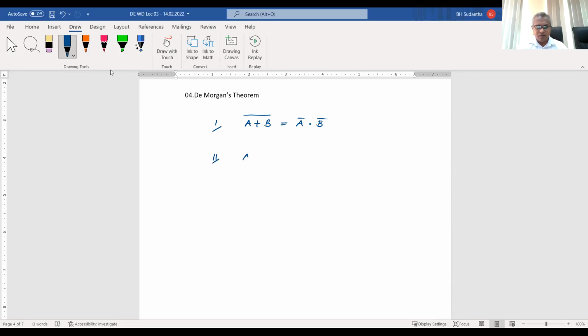The second one says this NAND equals this. Okay. Then shall we try the 5th one?